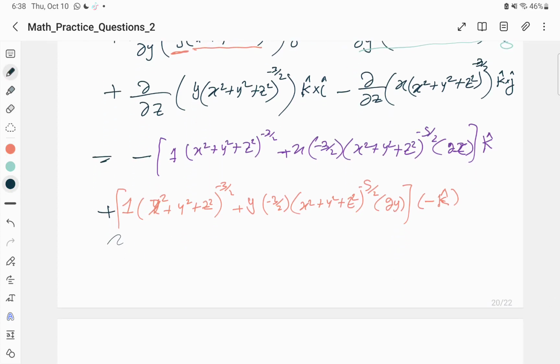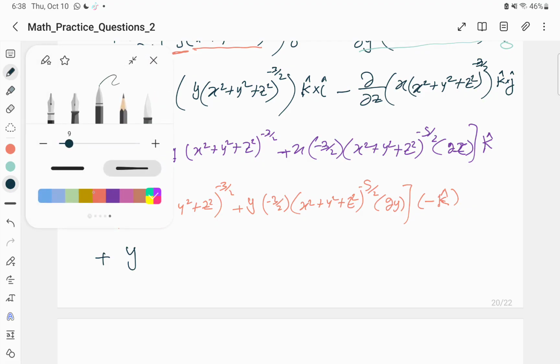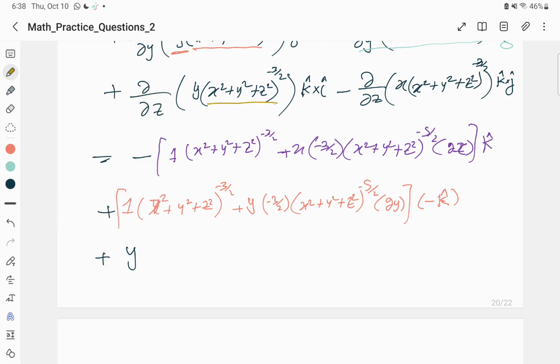And in the last one, let's take the derivative of these derivatives. Partial by partial z: you can notice this y is independent of z, so that y will come outside, and the derivative will be applied only to this expression, using the chain rule, so it will be negative 3 by 2 into (x square plus y square plus z square) to the power negative 5 by 2, and the derivative of the inner function with respect to z will be 2z, and here we have k cross i, that will be j.